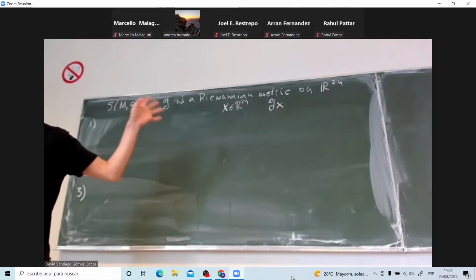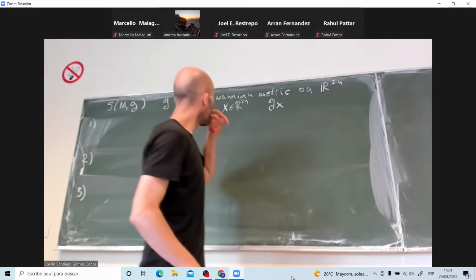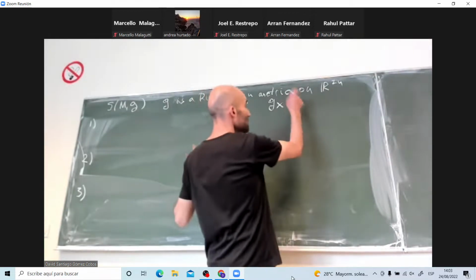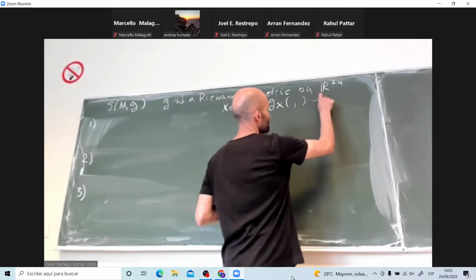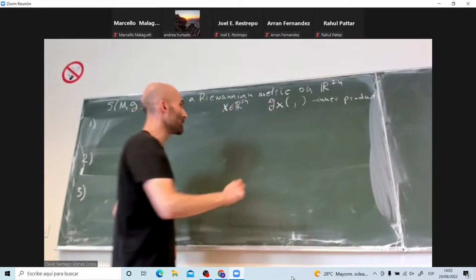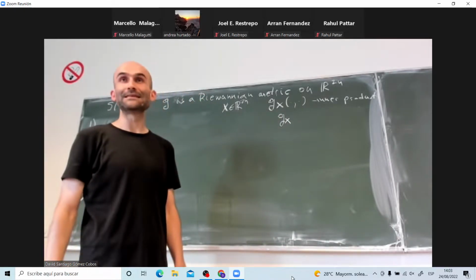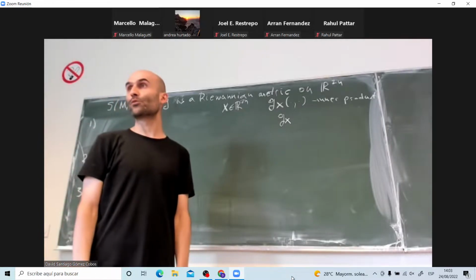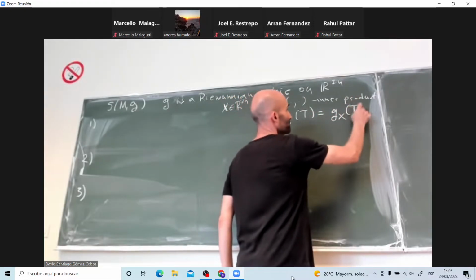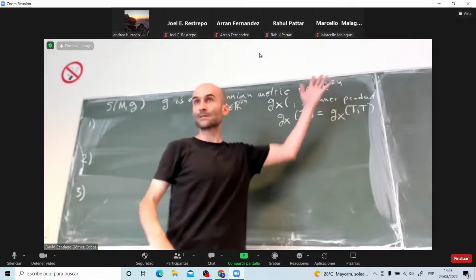So it has to be at least measurable, but for us it's smooth. I introduce one more notation: I will denote the norms, more precisely the square of the norms with respect to this inner product, by the same letter. So for me, g_X of t is this quadratic form, because I will mostly use this thing. So this is the length of the vector squared.